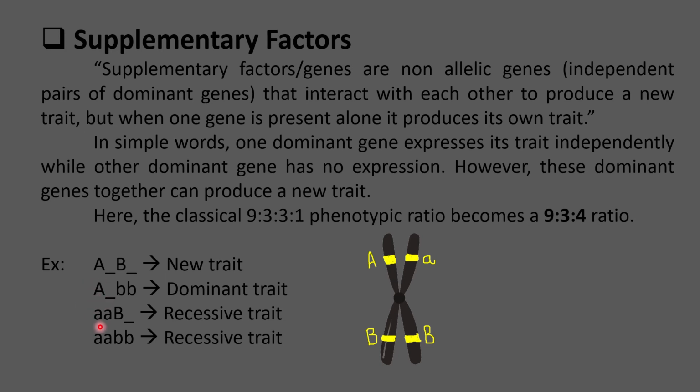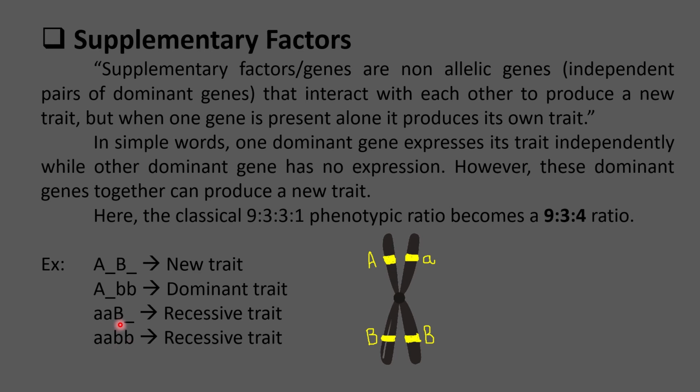And whenever there is a homozygous recessive condition of A, it produces its own character, the recessive trait, irrespective of the presence of the dominant gene B. And when all these are in homozygous condition, what happens? Anyway, allele B has no effect. Dominant allele or recessive allele B has no effect at all.